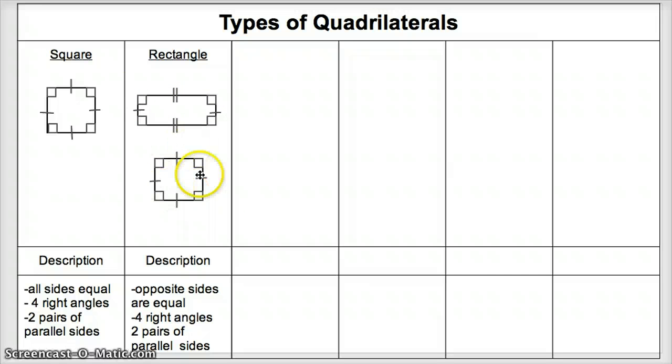Now, a square is also a rectangle because it fits the description. Opposite sides are equal. That's equal to that. That's equal to that. 4 right angles, yes, and 2 pairs of parallel sides. So because it fits the characteristic of a rectangle, all squares are also rectangles. Now, rectangles are not squares, but all squares are rectangles.